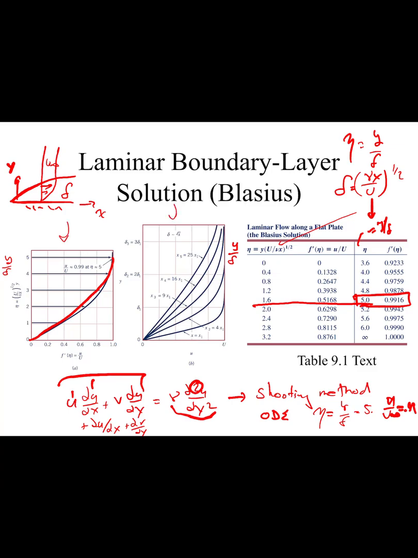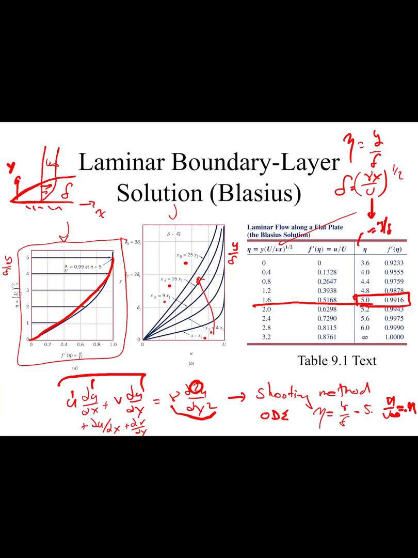Okay, so that's the non-dimensional version of the solution here on the left-hand side. On the right-hand side, there's the dimensional version of the solution. So you can see the different locations: here we have x1, and then x2, x3, x4, and x5. As we move downstream in real dimensional space, you can see how the boundary layer is growing. But what's really cool is when we non-dimensionalize it with y over delta, or this eta term here, as a function of u over u infinity, we just have one plot.